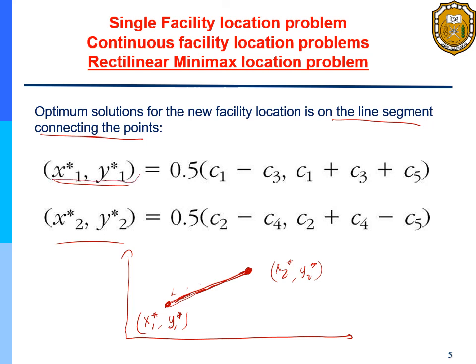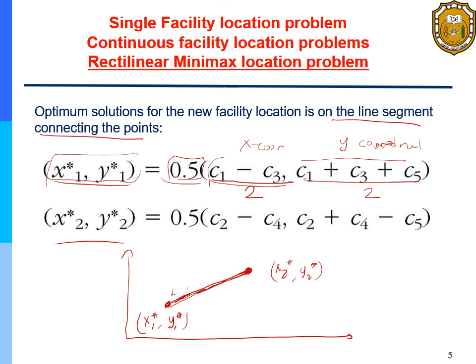And how do you find x1 star, y1 star? It is 1/2 of this is the x coordinate, and this is the y coordinate. When I say 1/2, you simply divide this value by 2 and this value by 2, and this is your x coordinate and this is your y coordinate for x1 star and y1 star.